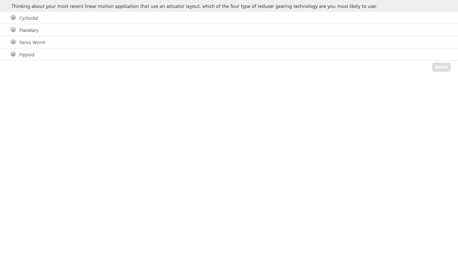So we have another opportunity for your feedback, please. When you think about the most recent linear application that you've designed, in your application, what type of actuator layout would you regularly use? So of the 4 types of reducer gearing technologies, which one would you most likely use? A cycloidal, planetary, servo worm, or a hypoid?